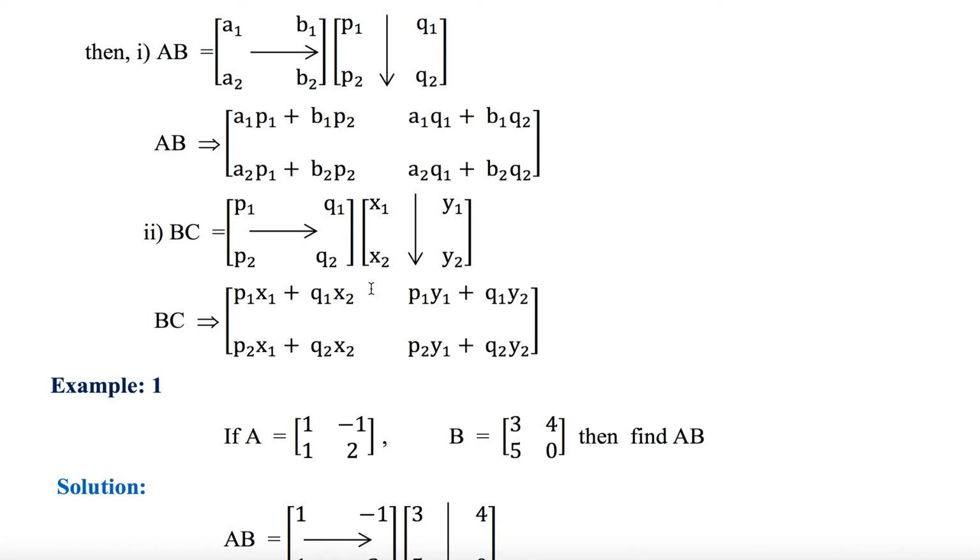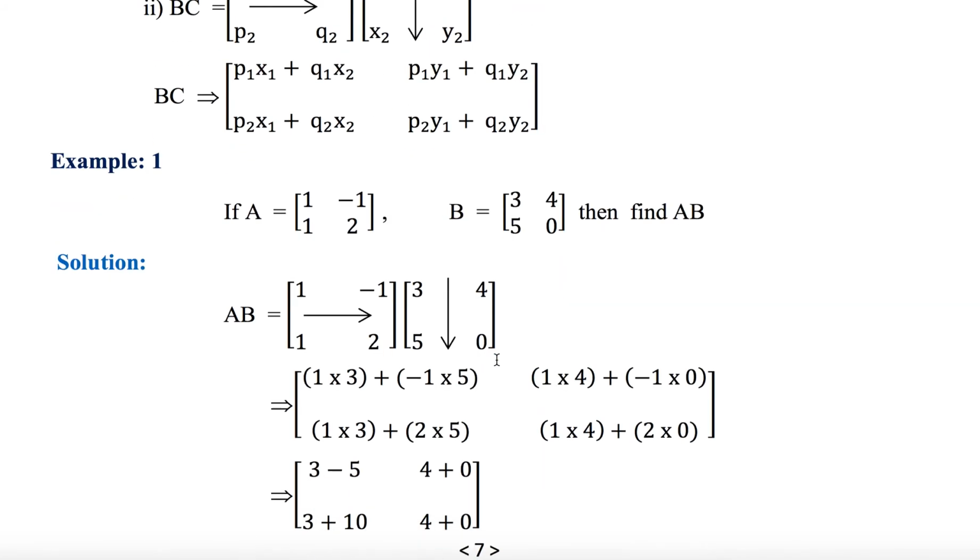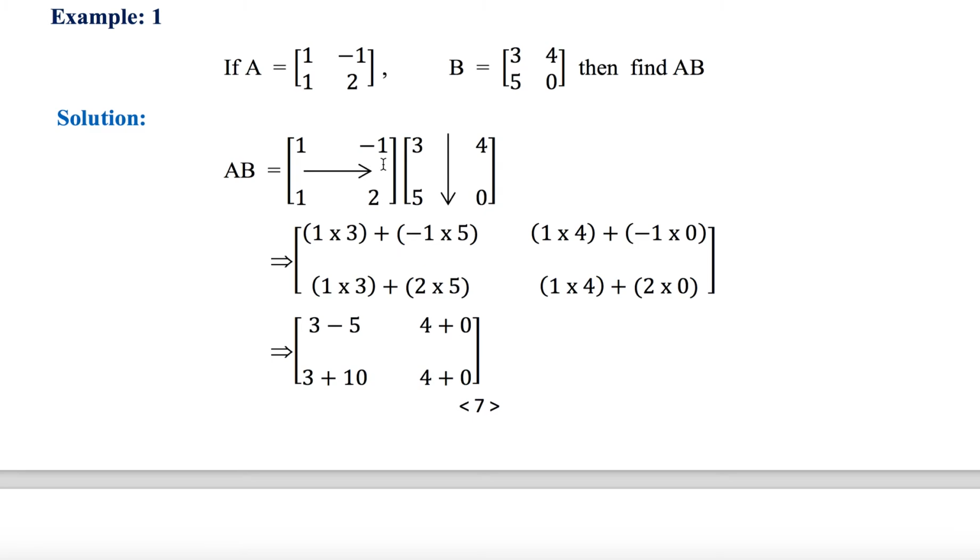This one, P2 X1 plus Q2 X2, P2 Y1 plus Q2 Y2. Now you can find AB simply: 1 3 minus 5, this is 4, the other element is 0, 3 plus 10, 4 plus 0, like that.